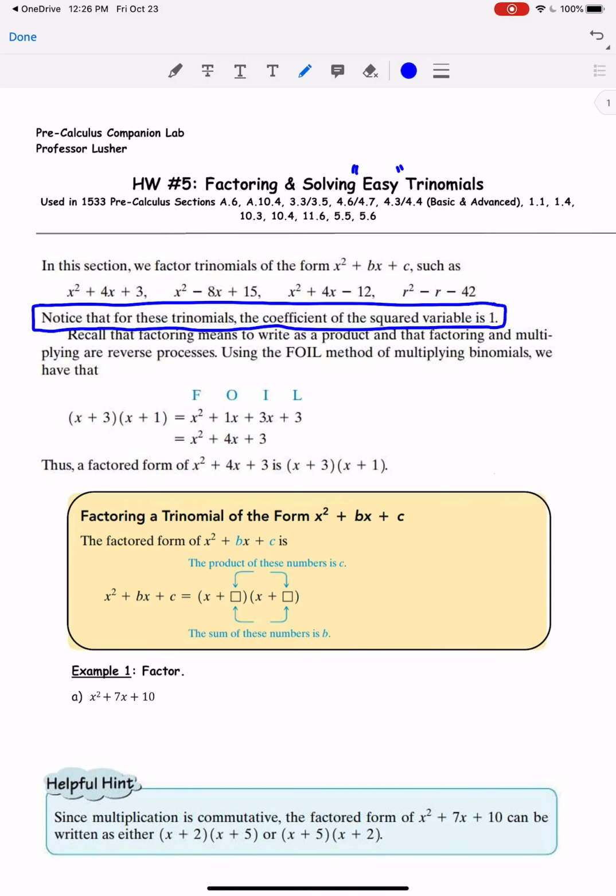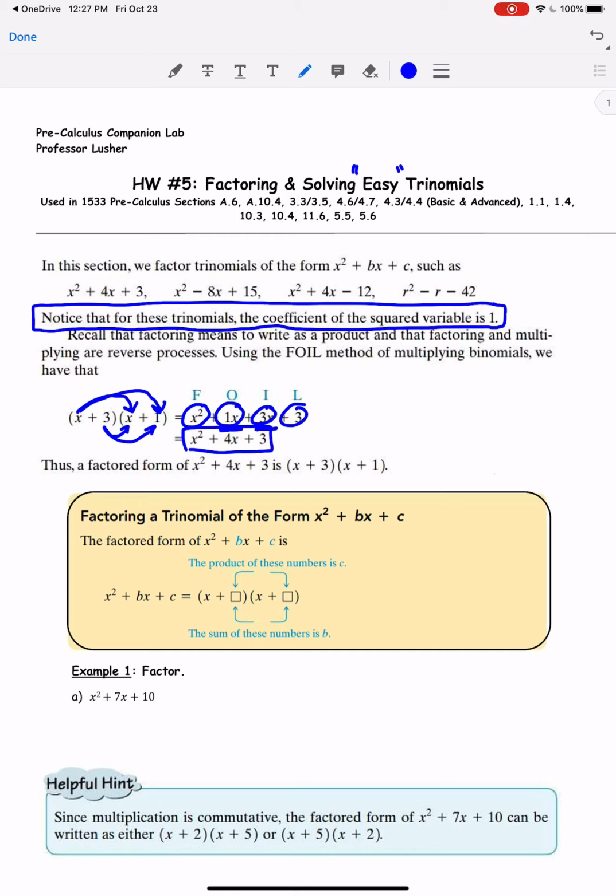Now, when you were given something like this right here, you would FOIL it out, right? So we would do x times x to get x squared, x times 1 to get 1x or just x, 3 times x to get 3x, and then 3 times 1 to get 3, and then we would combine our like terms, which is our x variables here, and we would get this answer.